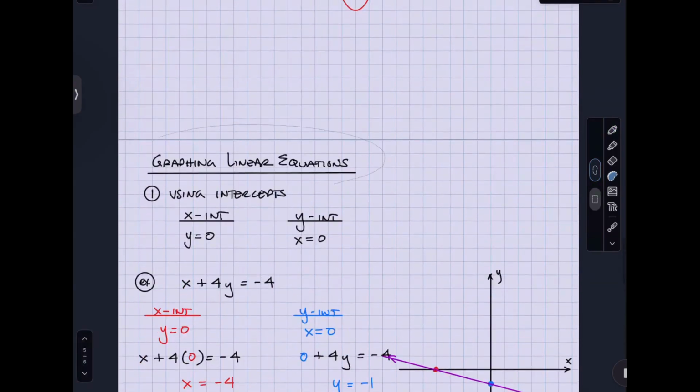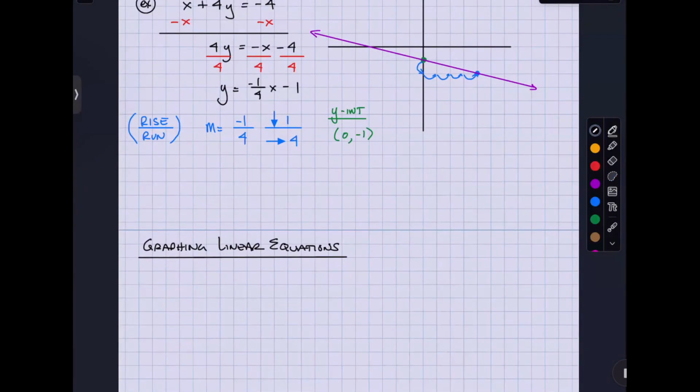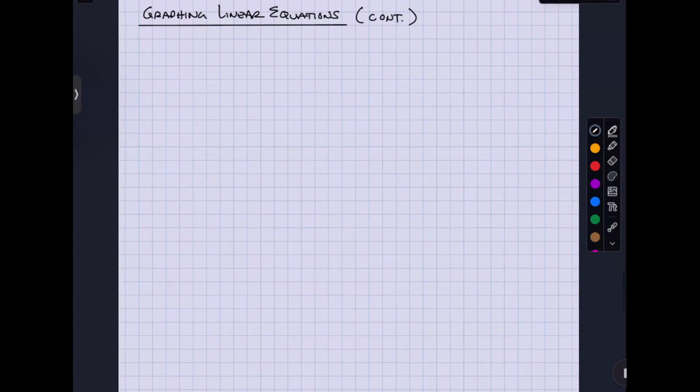Question is, which one? So I'm going to do this here. I'll just write down continued. So the question is, so we could have a horizontal or vertical line.